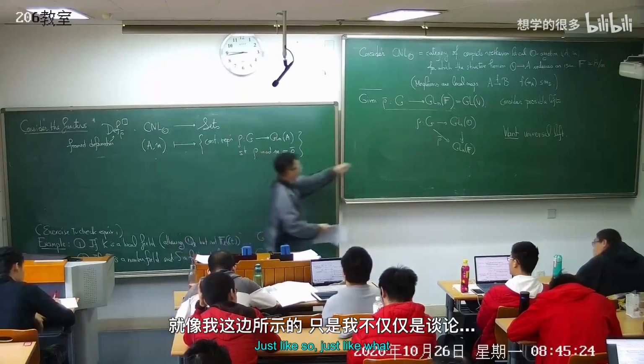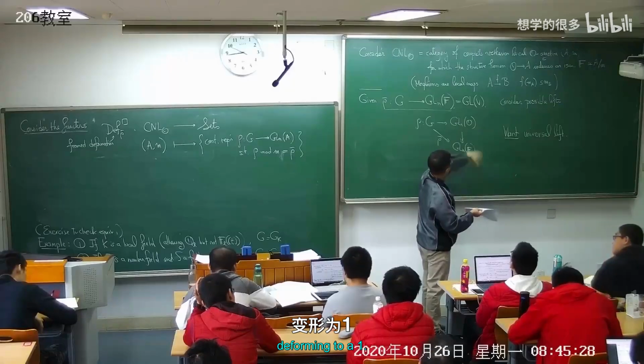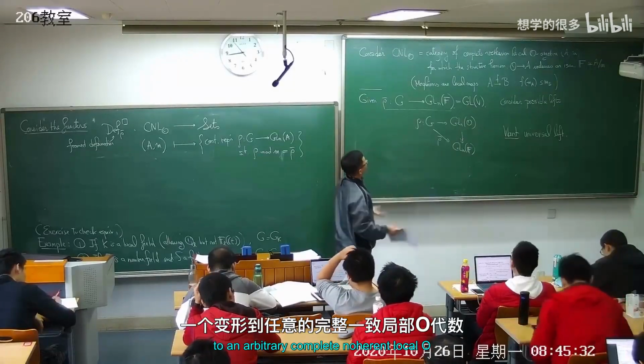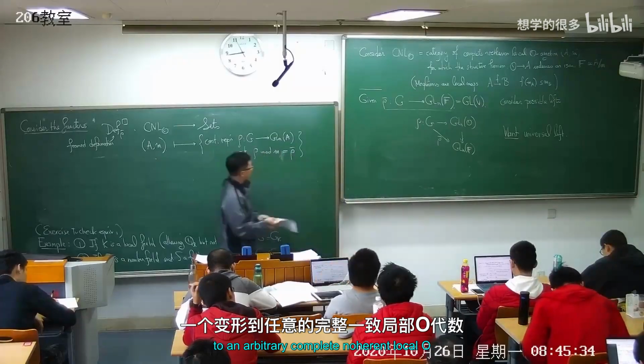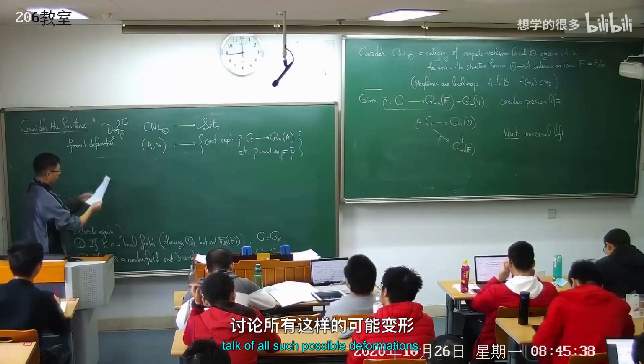Just like what I have over here, except I don't just talk about deforming to just one O. I deform it to an arbitrary complete Noetherian local O-algebra. Talk about all such possible deformations.